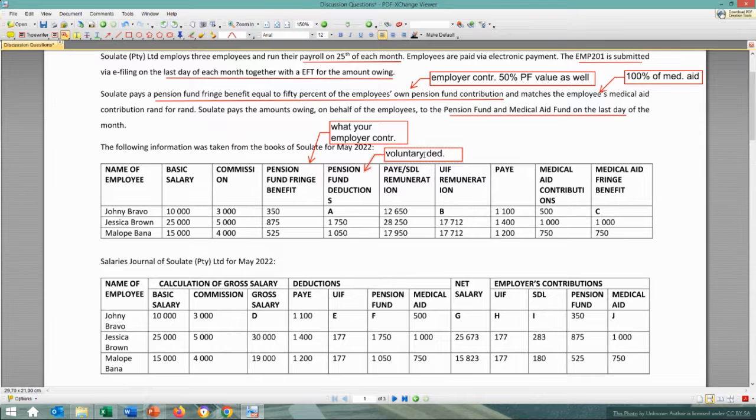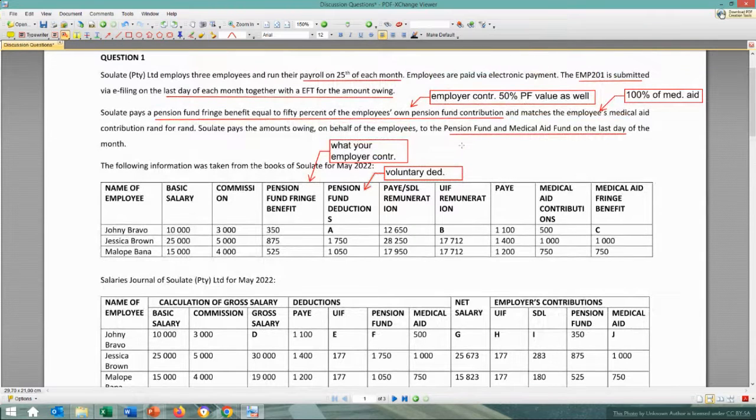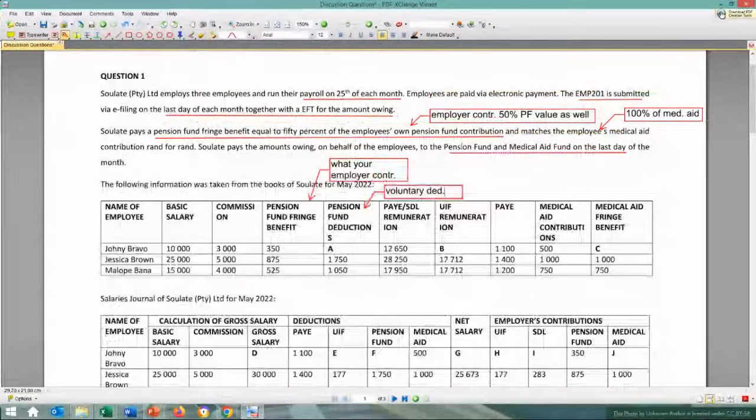Okay, so the first one, they're asking you, what is your deduction based on the information above? So if the employer pays 50% of your normal pension fund rate, what do you think part A would be? What would the value be? Okay, so let's quickly just repeat that.